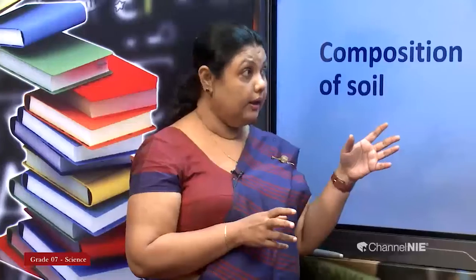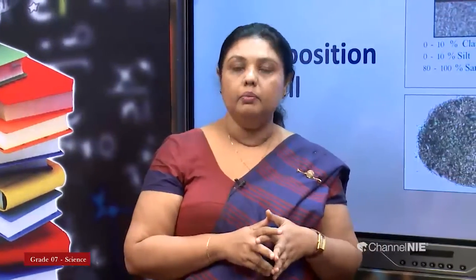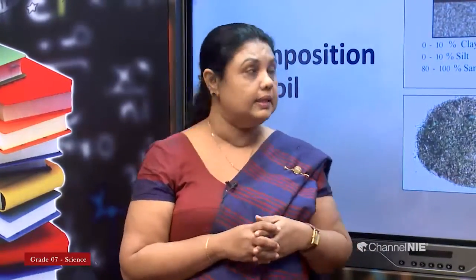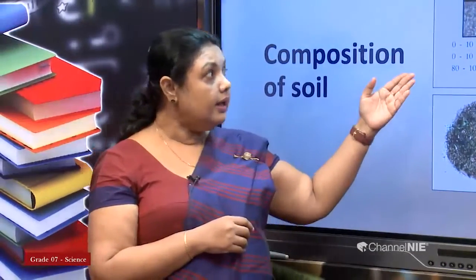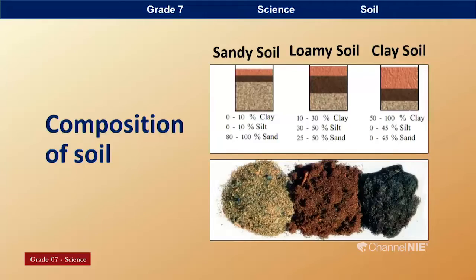Therefore, soil, this sandy soil, loamy soil and clay soil as well, are made out of these three basically. That is clay, you can see the composition. When you take sandy soil, sand is more, the other two are less. In loamy soil, sand is less, but silt is also there.